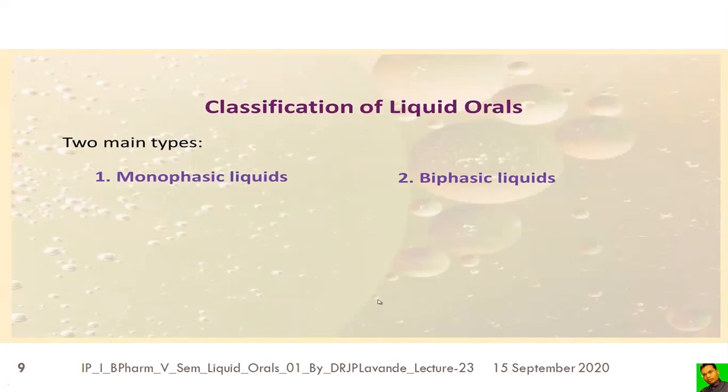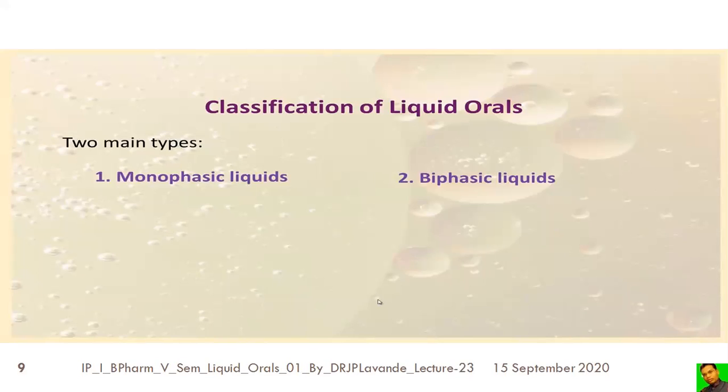Now, if you want to classify the liquid orals, there are two different types, based on the phases of the liquids. When there is a single phase, these types of liquid dosage forms are said to be monophasic liquids.